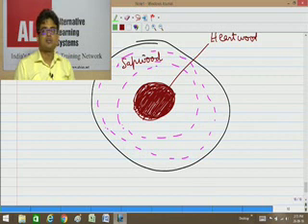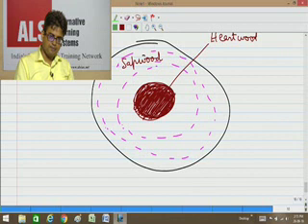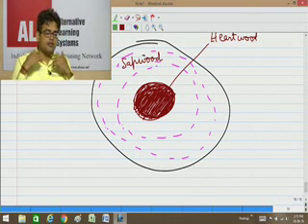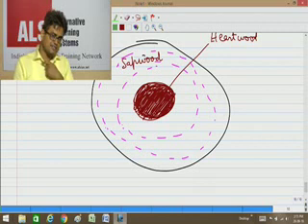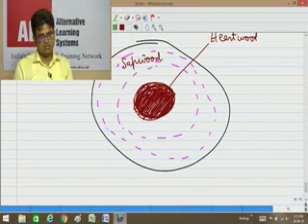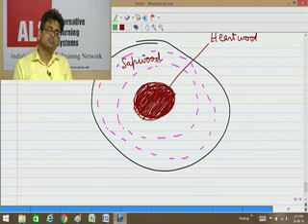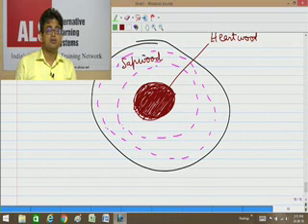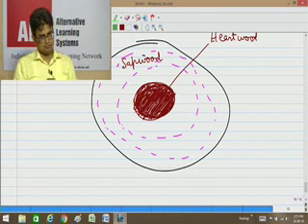And annual rings, why do they form? Look, there are two conditions for a plant. In every year there is one favorable season and one unfavorable season. During the unfavorable condition, the xylem vessels that are formed will be smaller in diameter, because the plant is under stress.